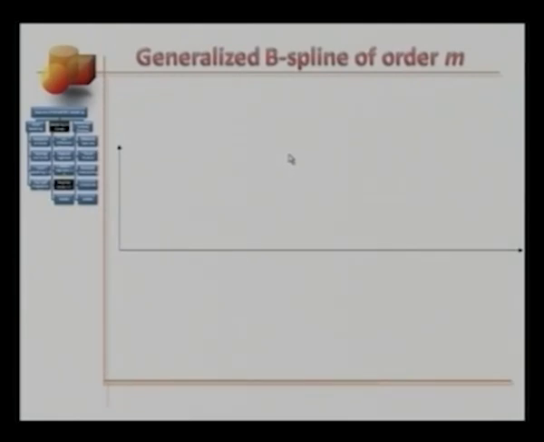Now, let me ask you how you would want to construct a B-spline of order m. Well, as I said, I'll go from right to left. This is my M_m,i(t). These two indices have information pertaining to the entire knot span here. This is the parameter axis t.